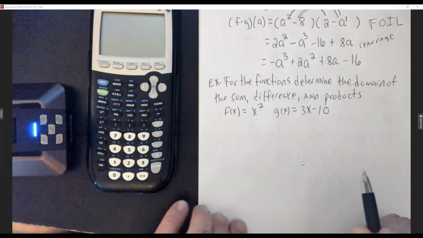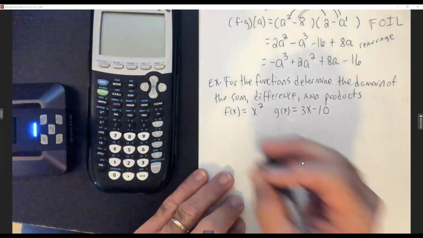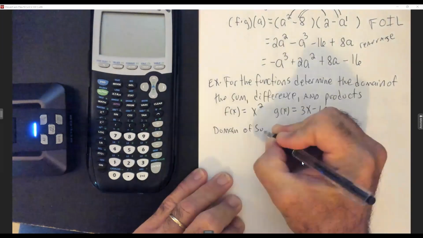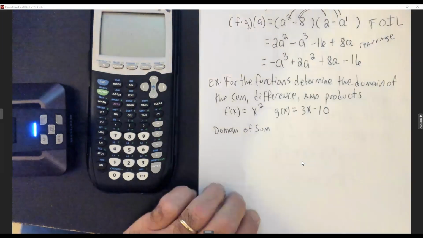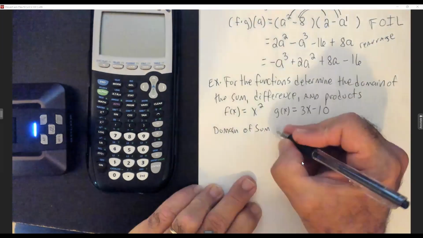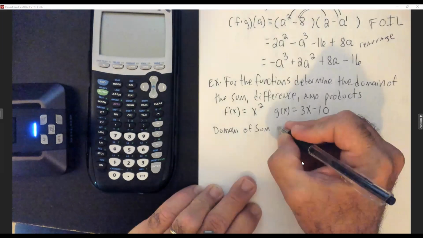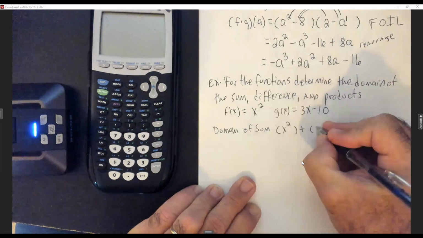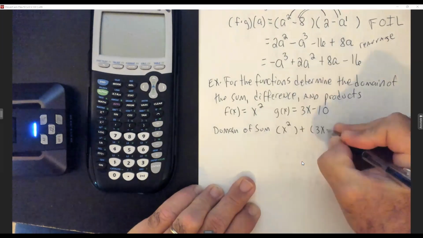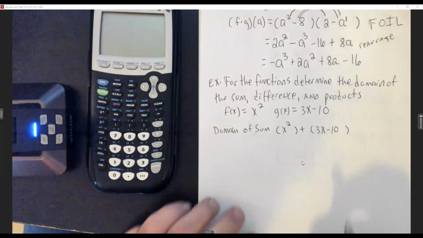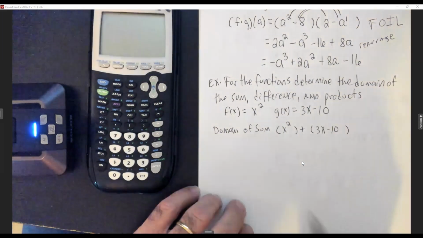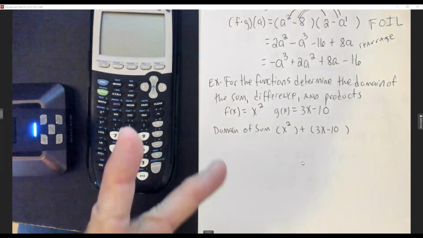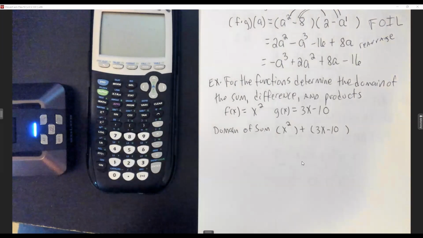So let's play with the sum first. So I'm going to find the domain of the sum. Well, the sum would be what? My f of x plus my g of x, which is x squared and then 3x minus 10. So remember, on a domain, there were only 2 things I'm worried about. One was fractions, the other one was the radicals.